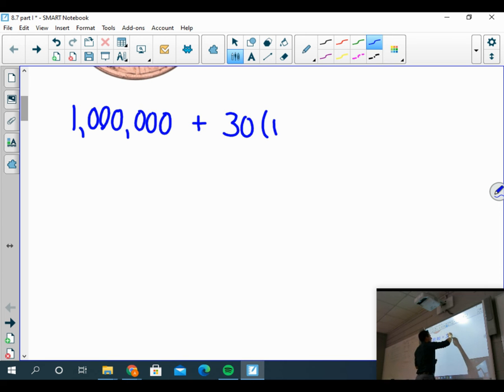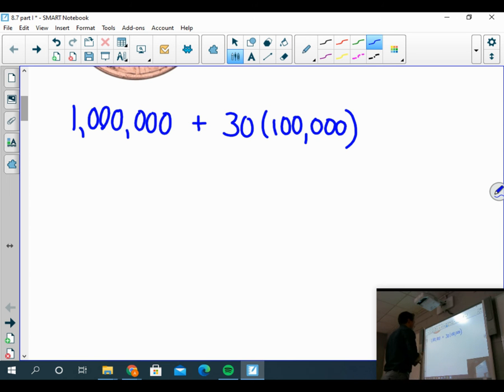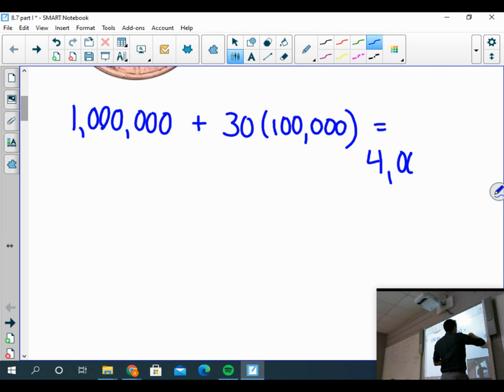So the best way we could summarize option number one is I have $1 million plus 30 times 100,000, because for 30 days I'm going to get $100,000. And by doing this little problem, you end up with a grand total of $4 million.